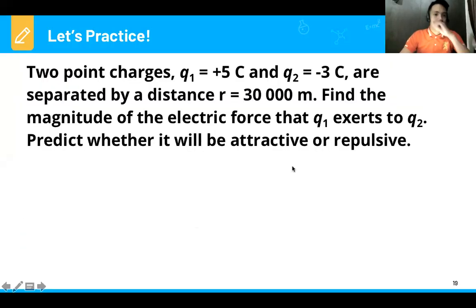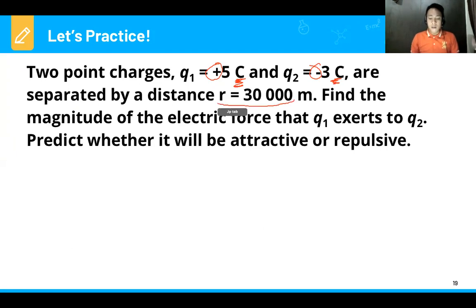Okay, so for this one, let's practice. Two point charges, Q1 is equivalent to 5 C and Q2 is negative 3 C. Okay, the meaning of C again, this is the Coulomb, correct? So we have the positive and the negative, separated by a distance which is r equal to 30,000 meters.